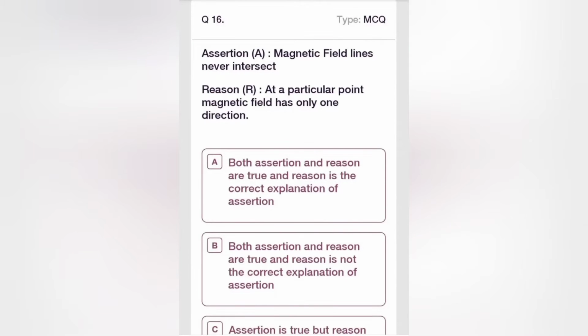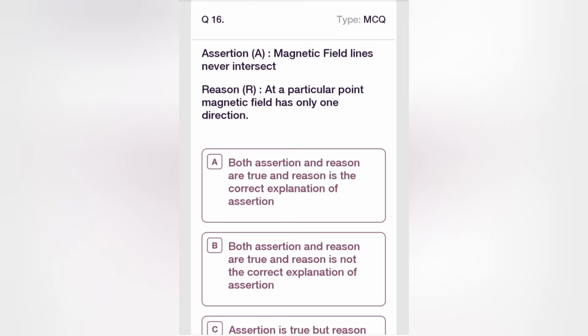16th question. Assertion: magnetic field lines never intersect. Yes, that's right. Reason: at a particular point, magnetic field has only one direction. Yes, that's right, because we know that the magnetic field lines always have the same direction.